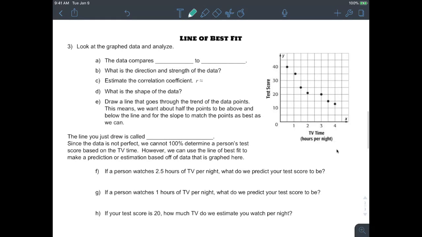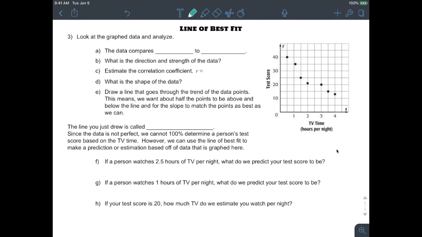So the last part is we're going to look at the data. The data compares TV time per night versus test scores. What is the direction and strength? I'm going to estimate that the direction is negative because as TV time increases, the test scores are decreasing.